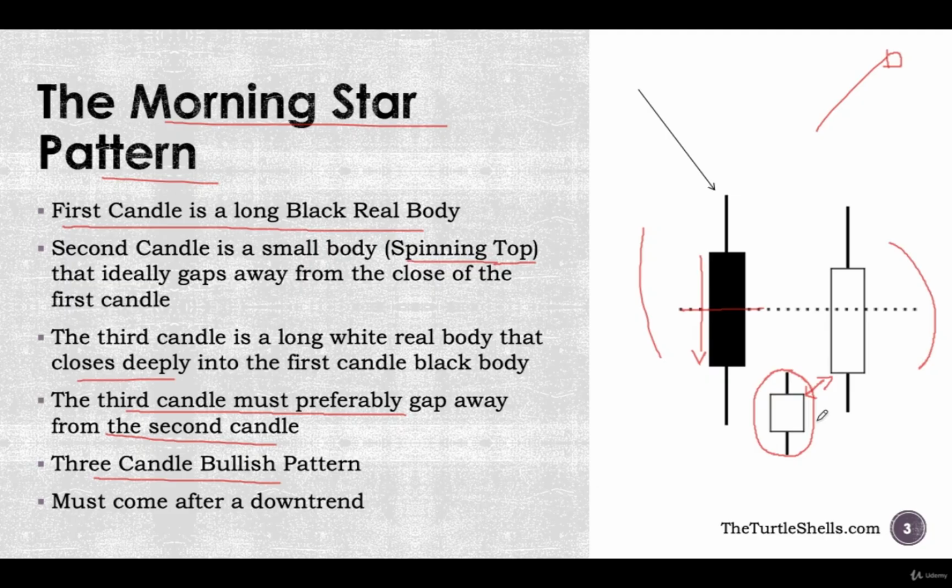The second candle represents indecision. The market is taking a breath here. And suddenly the battle is won by the bulls because they pushed the price above the midpoint of the prior black real body. So that's the Morning Star. And obviously it must come after a downtrend, which is applicable for the other three bullish patterns that we have seen.